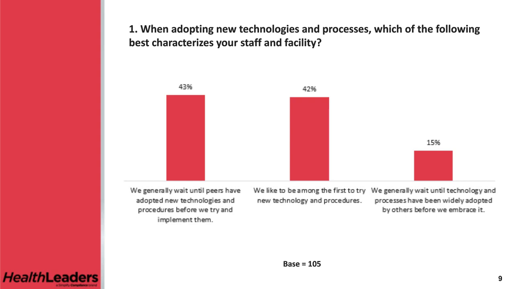And there are probably a variety of reasons behind that. I would expect that physician organizations, being a smaller entity, maybe a less complex environment compared with a hospital or a health system, are able to be a little more nimble in terms of adopting new technologies.